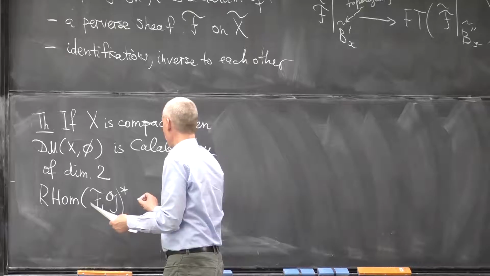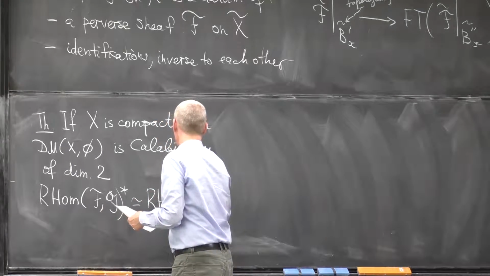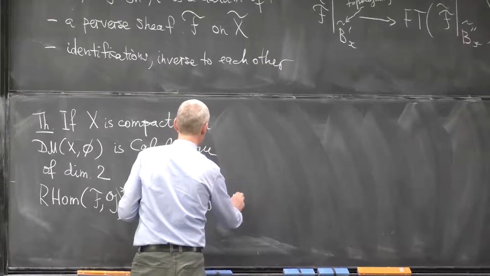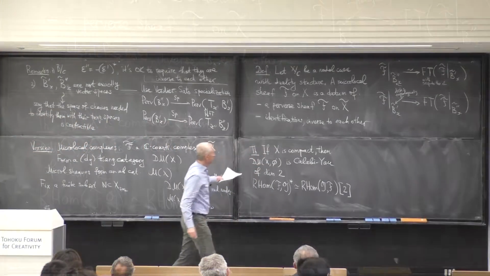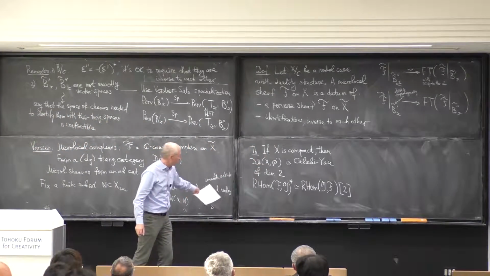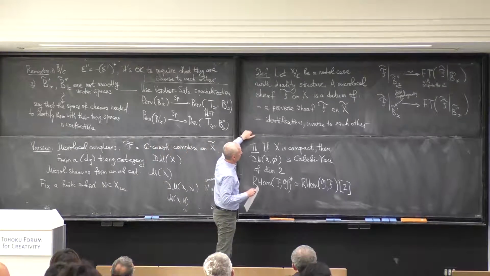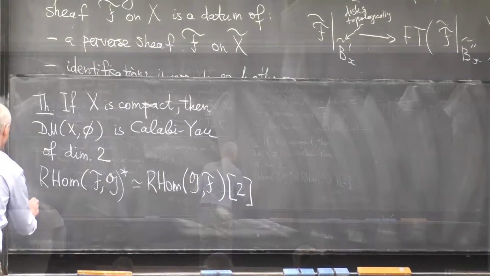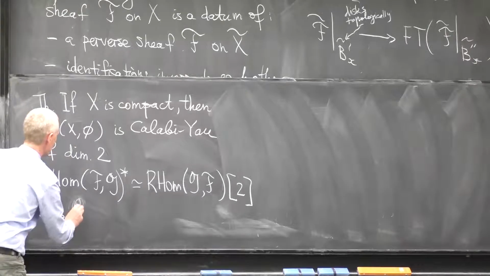But the statement is that it is canonically identified to RHom(G, F) shifted by 2. And the proof follows from local duality, from application of Schobers functor mu hom. The proof uses local or micro-local duality for mu hom.